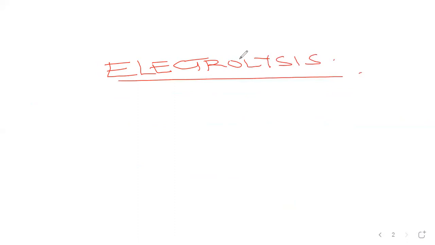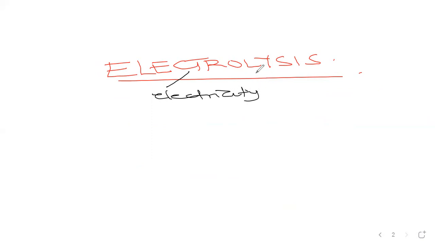Today, I want you, dear students, to start with me the topic called electrolysis. Electrolysis is not a hard topic as many people confuse it. It comes from two words. Electro comes from electricity.